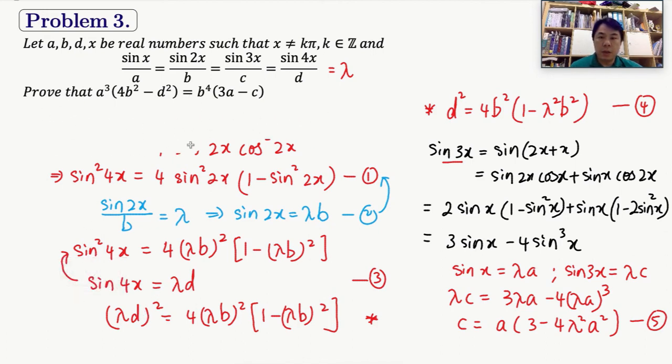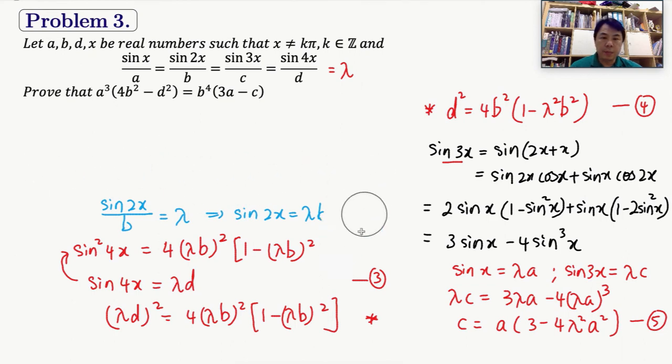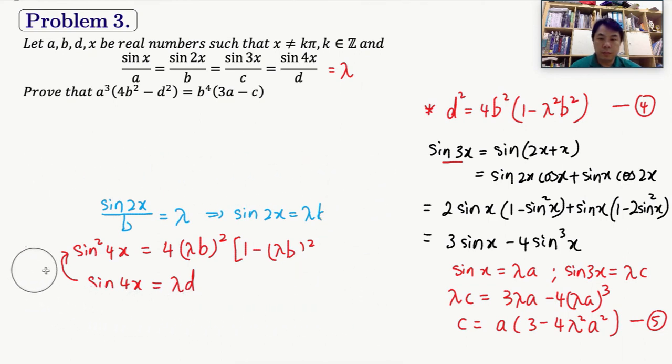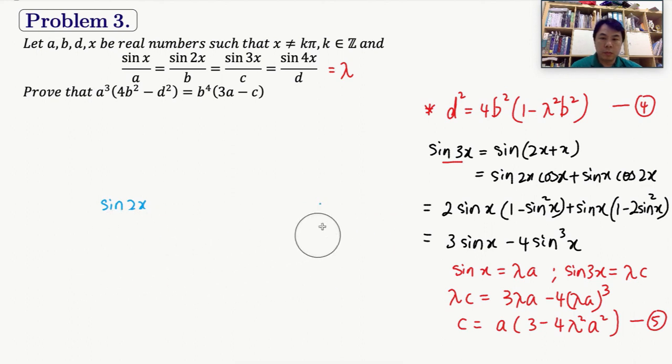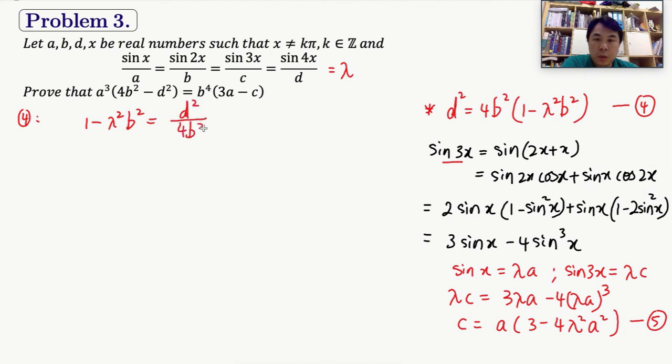Okay, so just let me clear this up. Next, we're going to solve these two simultaneous equations. From number 4, we have to rearrange this one more time. Based on my perspective, I would rearrange it in such a way: 1 minus lambda squared b squared is equal to d squared over 4b squared.